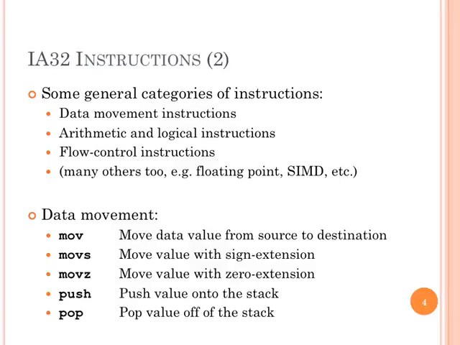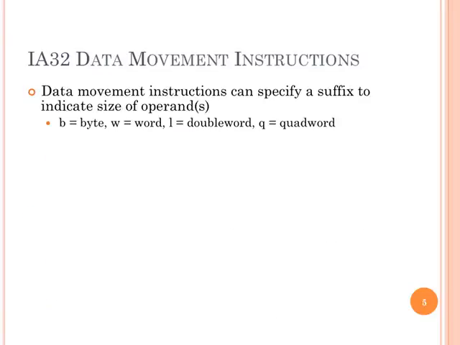So data movement: move with sign extension, move with 0 extension, push and pop. These are the data movement instructions that we generally care about. There's more, but these are the ones that you'll get most of the bang for. Typically, we prefer to put suffixes on our instructions so that we can explicitly state the size of the data that we're working with.